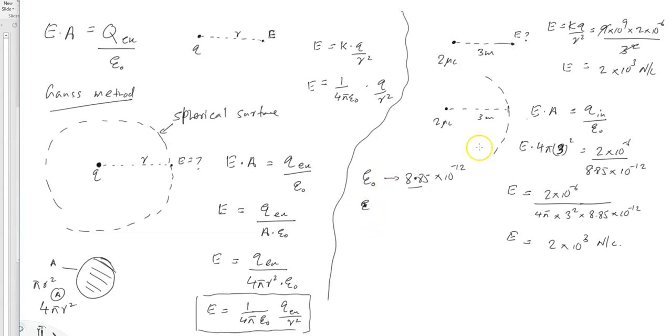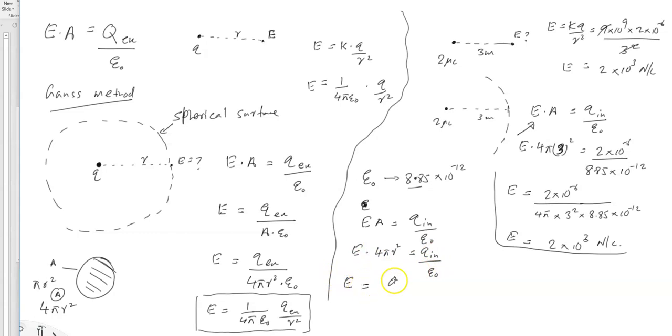Alright, so going back to this calculation, I can do all this without messing too much with the numbers. So we have EA equals Q inside over epsilon naught. E times 4 pi r squared equals Q enclosed over epsilon naught. Bring it to the other side.